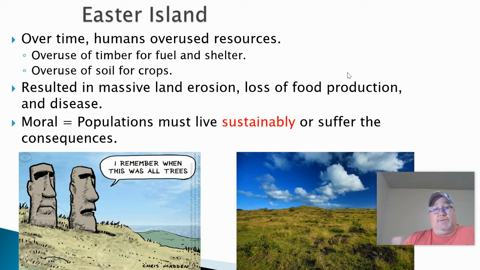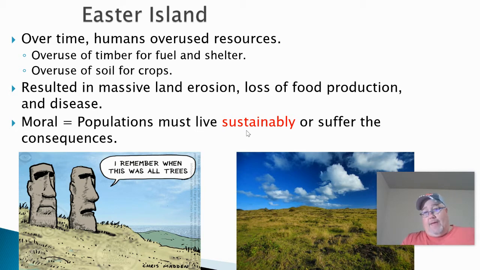So this was an example of at one time having a very beautiful place to live with plenty of resources, and then all of a sudden, because they overused things and didn't live a sustainable lifestyle, it ended up being catastrophic. So Easter Island is a good example of what could happen if we're not careful.